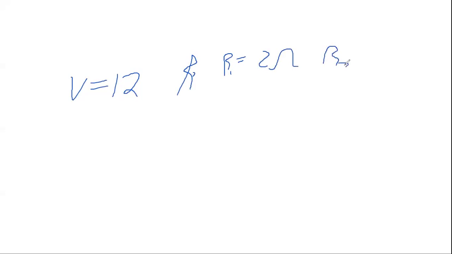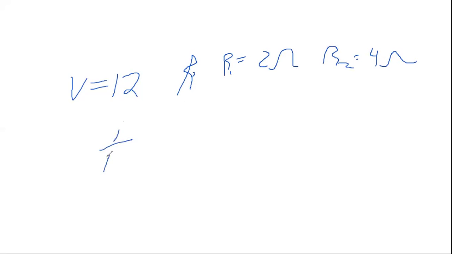So let's just say we had this. V is 12, and we have 2 resistors. R1 is 2 ohms, and R2 is 4 ohms. If we wanted to find the current across the whole circuit, we would first have to find R total.